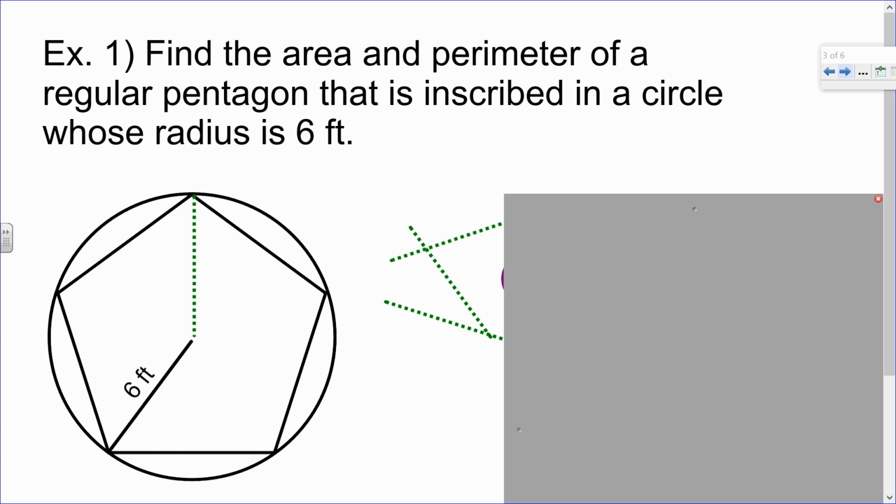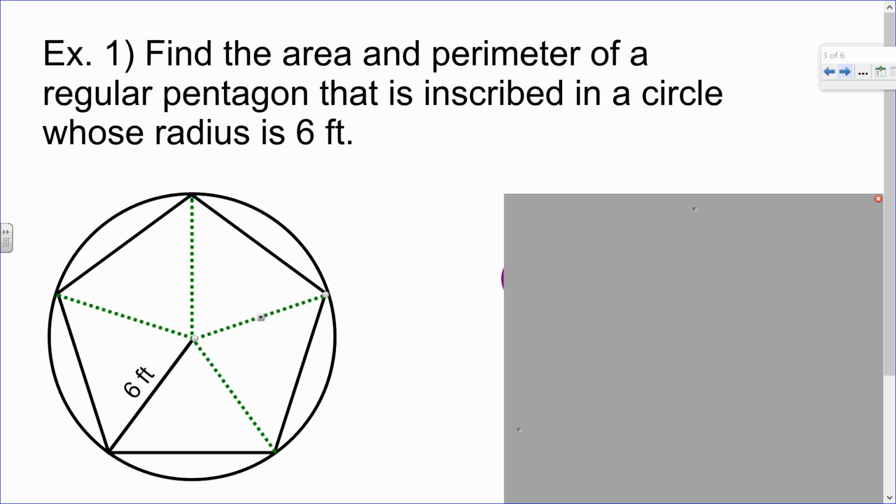So let's see if I can get all of these in the right spots here. I think it needs to go there, this one down here, this one over here. So is everybody good with, we've got 5 triangles, and so if I can get the area of one triangle, I can say that the area of the pentagon is going to be 5 times the area of one of those triangles.